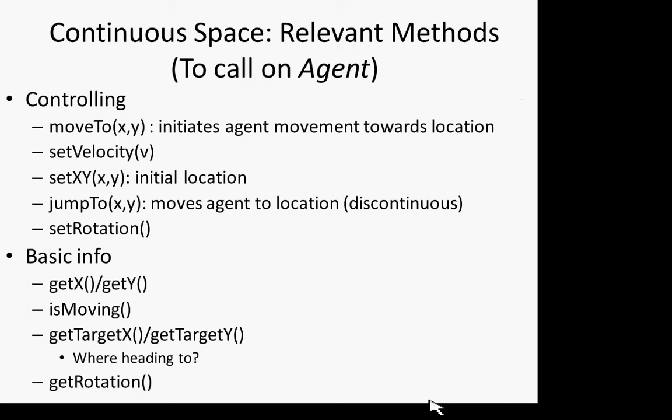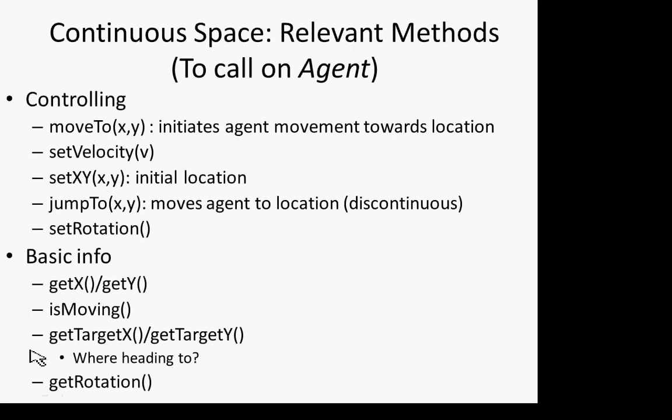And then we can ask for information like what's their X and Y position, are they moving, what's their current target towards which they're heading, and what's their current rotation. This is information we may have set earlier but have not saved away, such as their target, their rotation and whether or not they're moving.